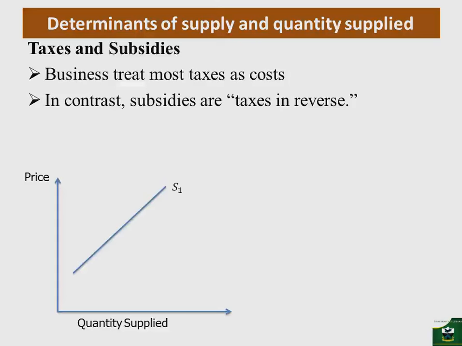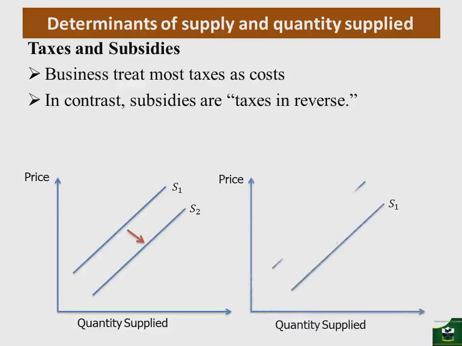And because of this, firms will be more able to release a lot of units on the market, and therefore supply for such a commodity will increase, and the supply curve will shift down and to the right. On the other hand, if taxes were to increase, the firms will have a higher cost and therefore they will supply less, which will cause the supply curve to shift up and to the left.